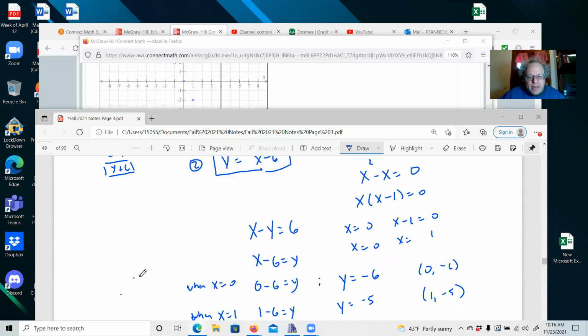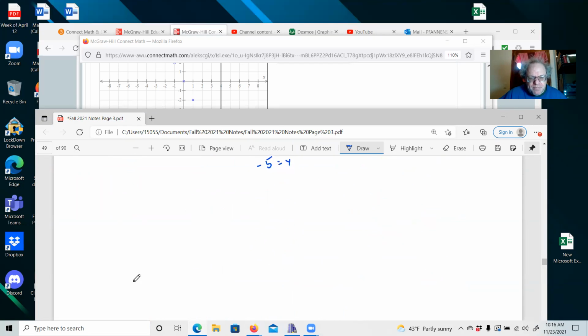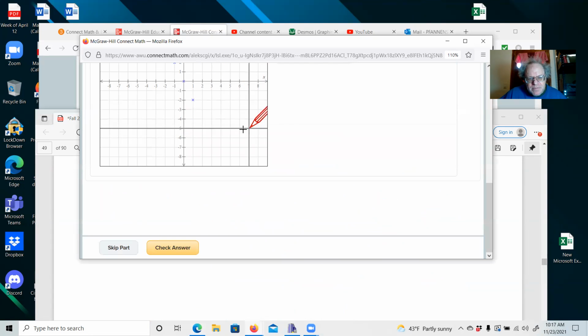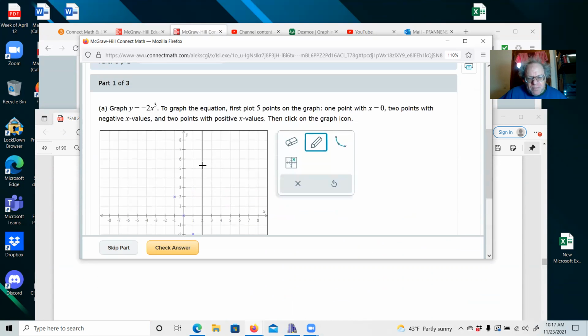Let's go down here. So we have y equals negative 2x cubed. If I plug in 2 cubed here, that's going to be negative 2 times 8, which is negative 16, which is bigger than I want.